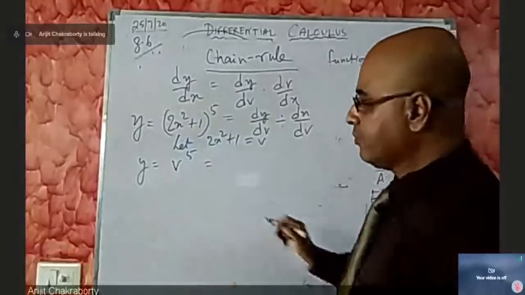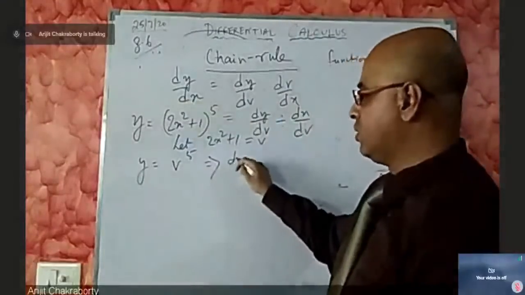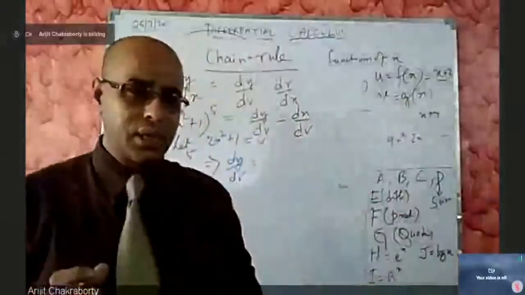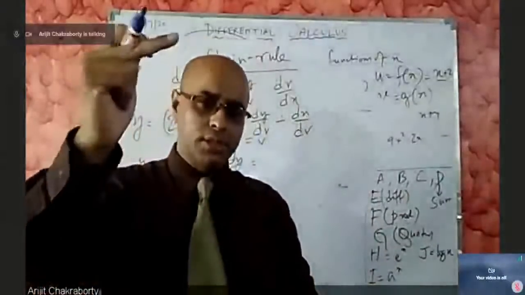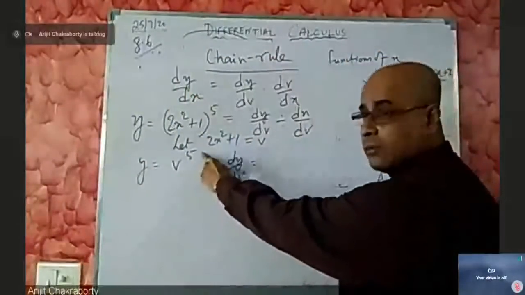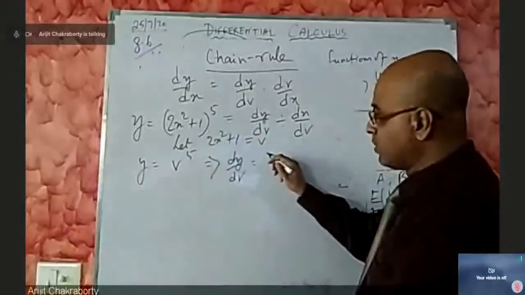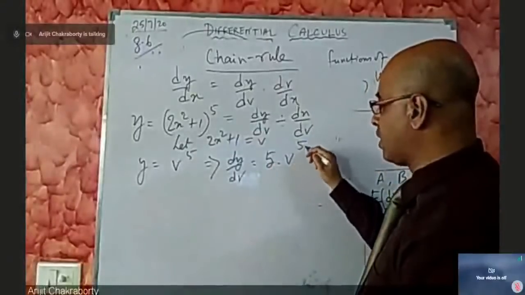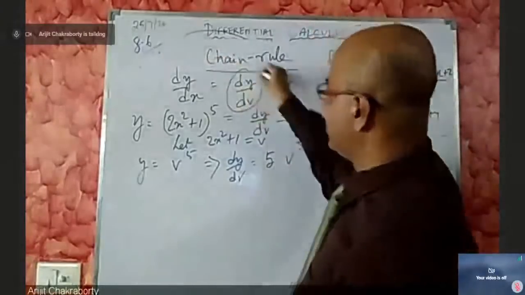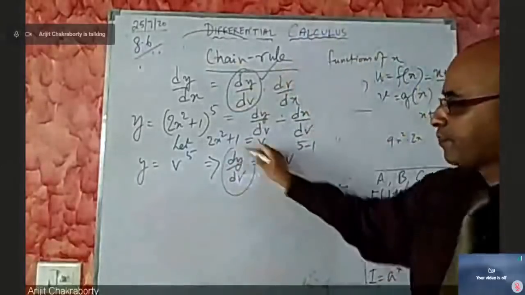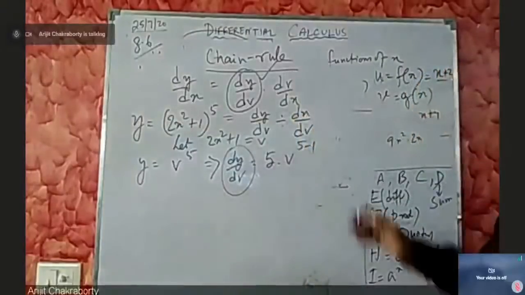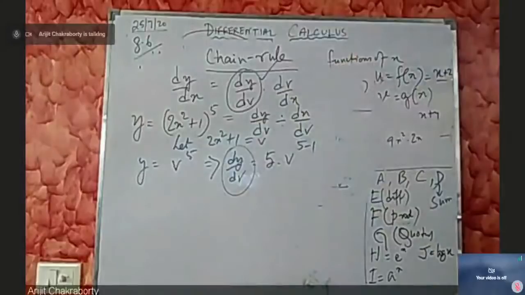Now, the formula is dy by dv into dv by dx. So here, dy by dv is what? v to the power 5 means what? The differential coefficient of x to the power n is n x to the power n minus 1. So v to the power 5 will become 5 into v to the power 5 minus 1. First part is done, dy by dv is done. Now we are taking dv by dx. Okay.